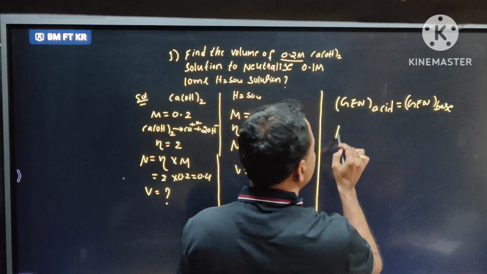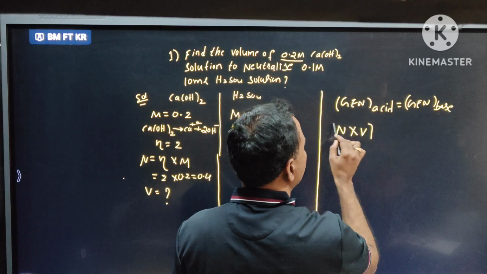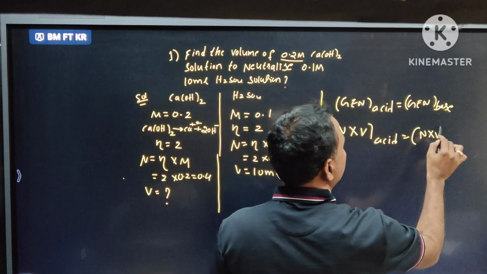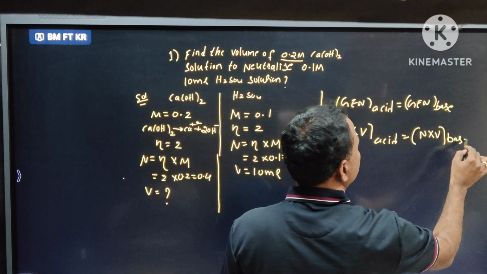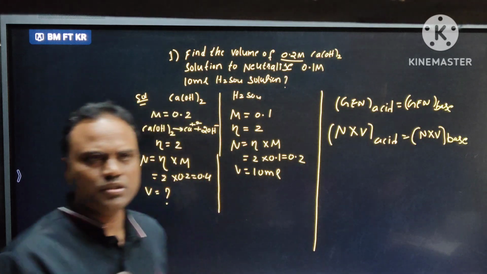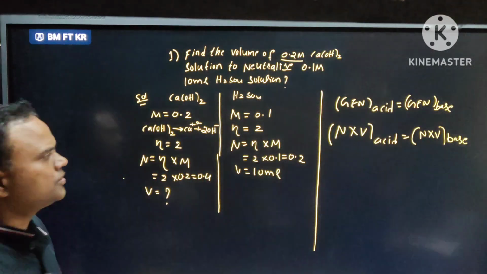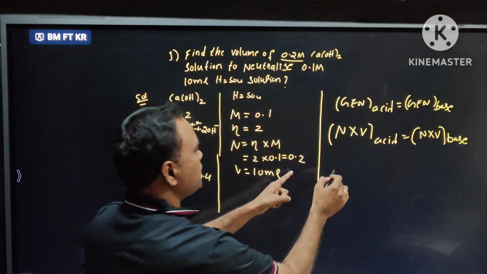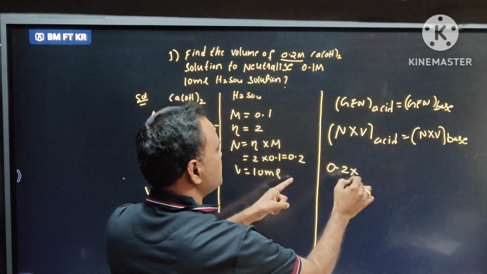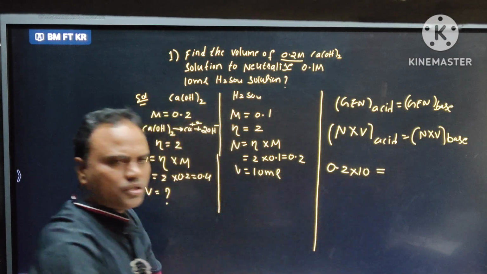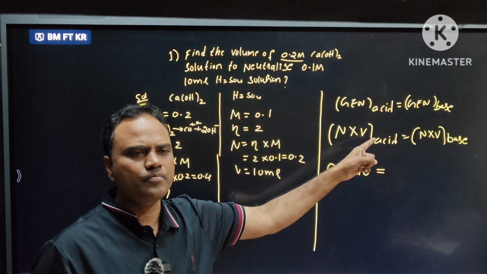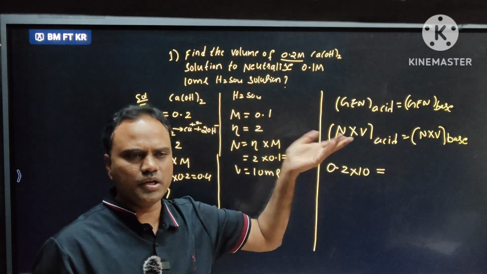And gram equivalents means N into V of acid is equal to N into V of base. What is the normality of acid? 0.2. Volume is 10. Here, what is the volume? Volume in liters or milliliters, according to the formula?